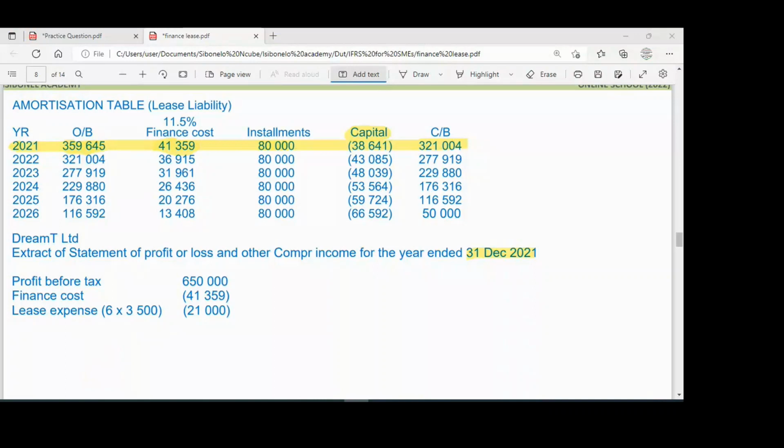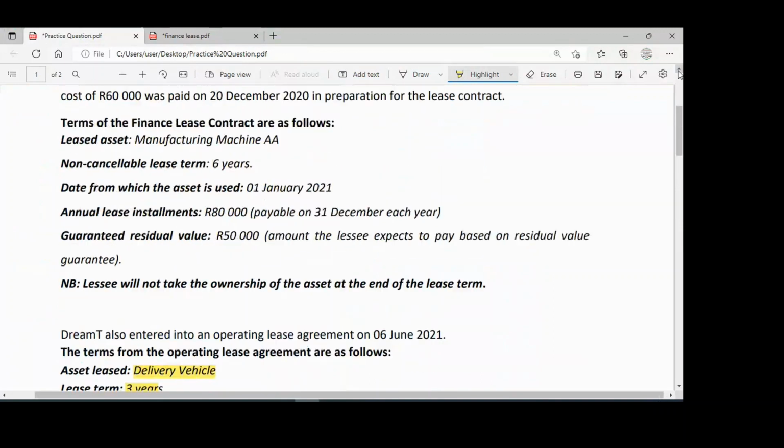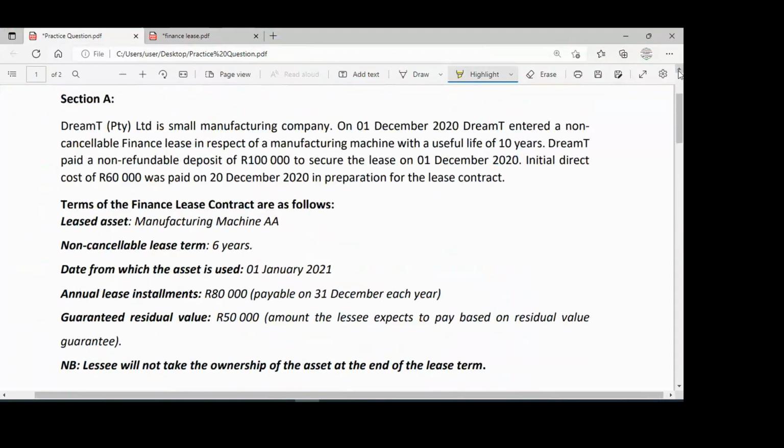So the depreciation. We will get from the question the useful life. Another thing we must get is the rights; we will explain all of those things, starting by reading the information about depreciation. Dream Pty Limited is a small manufacturing company.